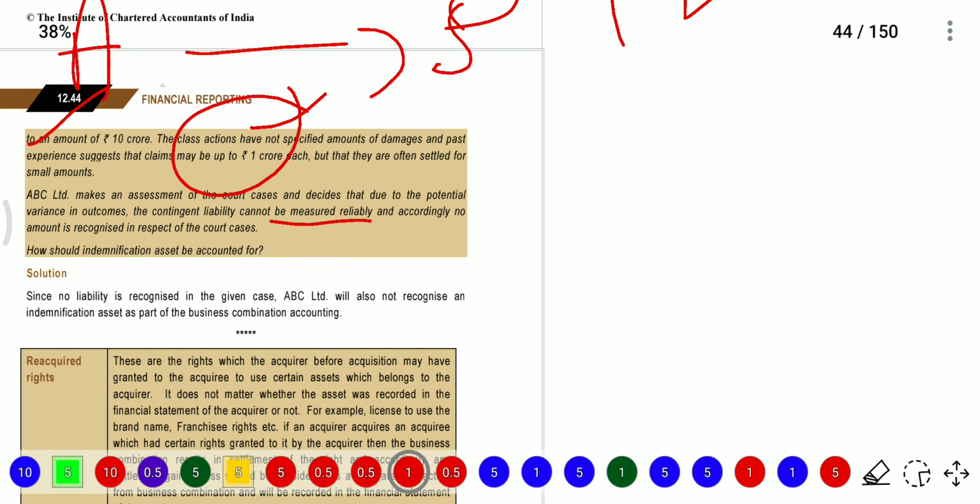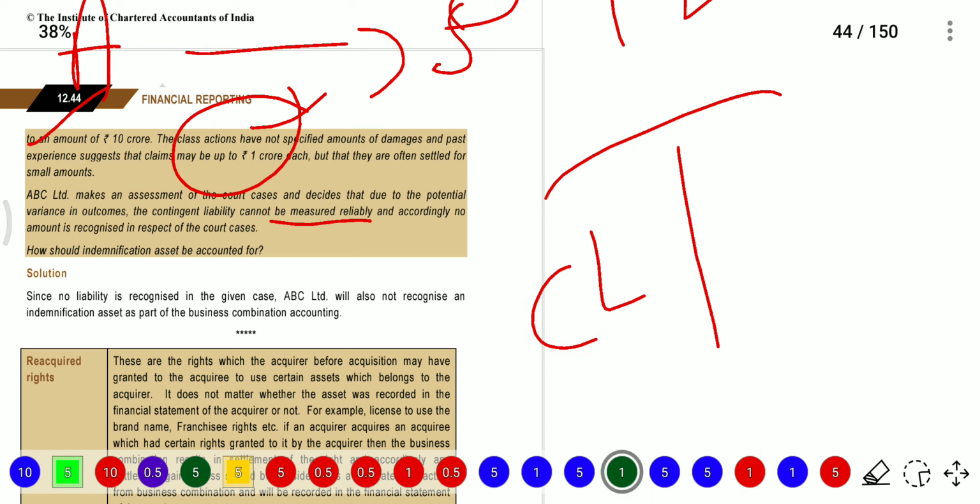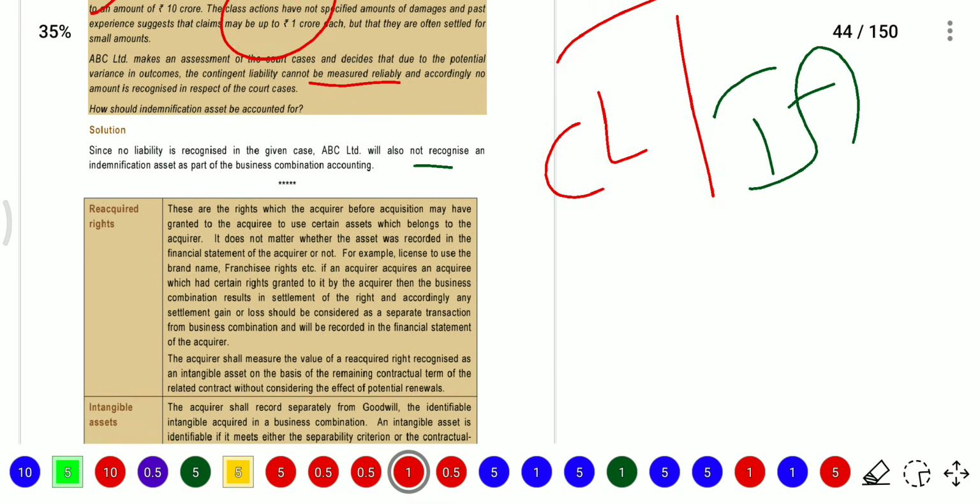How should indemnification assets be accounted? When you are not recognizing any contingent liability, then ABC Limited does not recognize any indemnification assets. So an indemnification asset will arise only if you are recognizing contingent liabilities. If you are not recognizing any contingent liability, you are not required to provide indemnification assets.